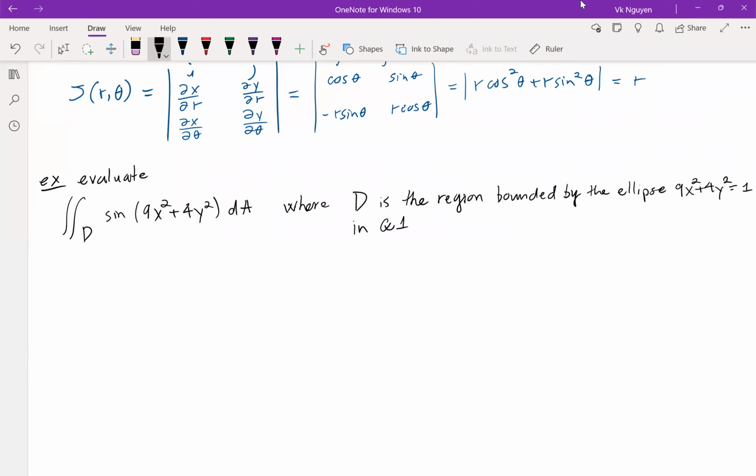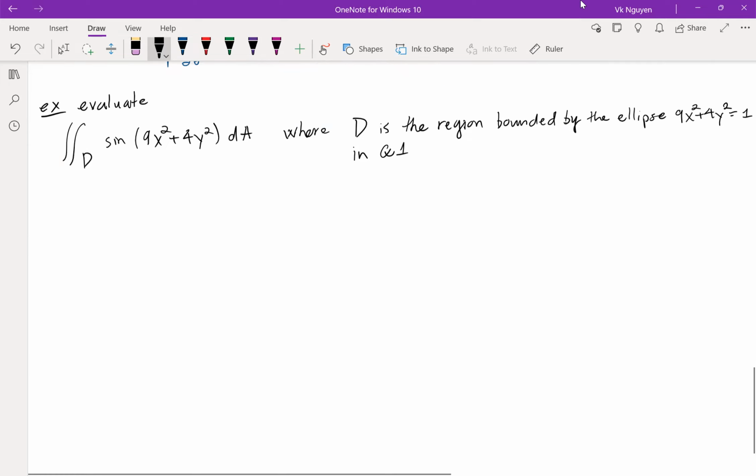Yeah, it's easier for me to sketch. Okay, so here comes your region D. If you let y equal to 0, then x equals 1/3.